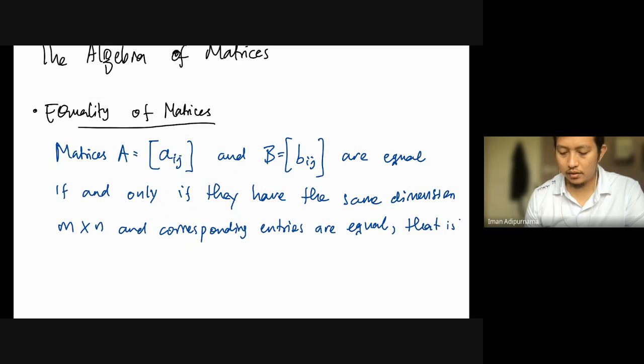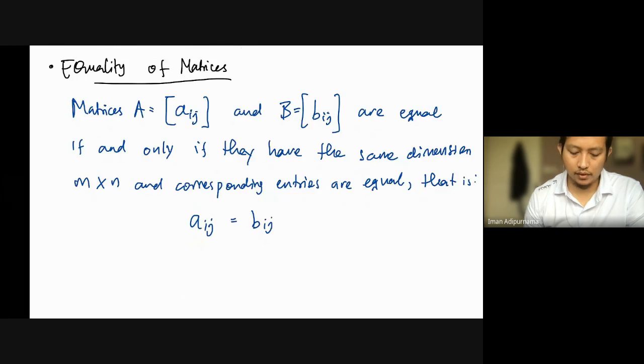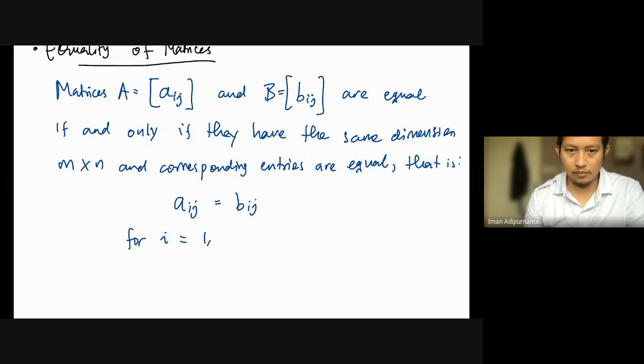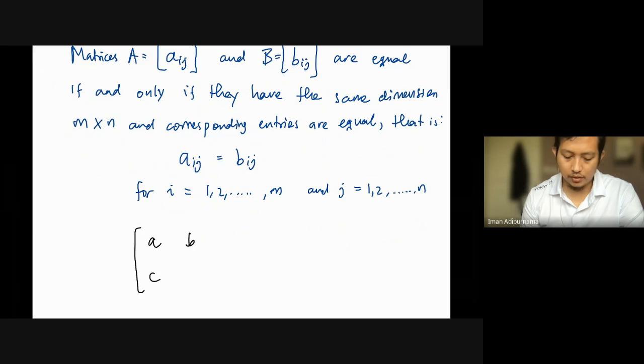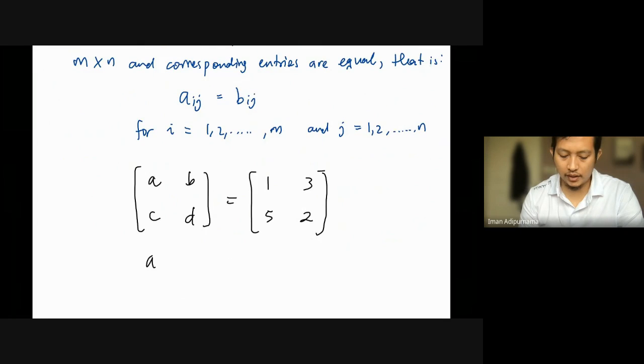For example, A, B, C, D. And based on what we have, we can conclude that A is 1, B is 3, C is 5, D is 2.